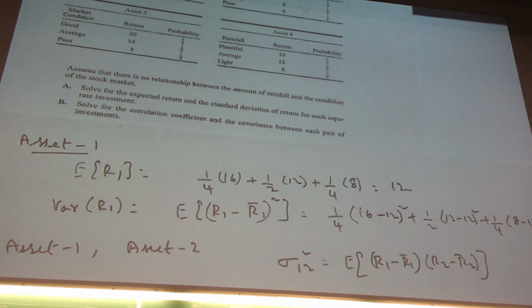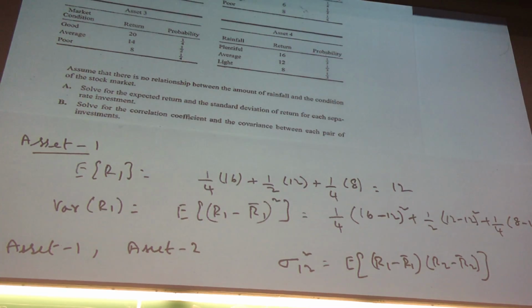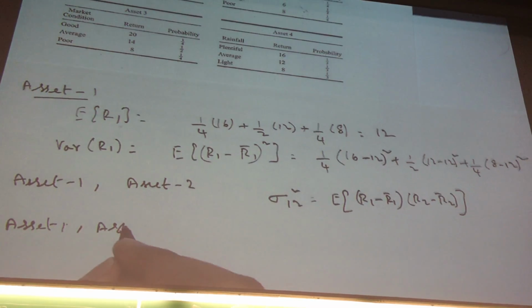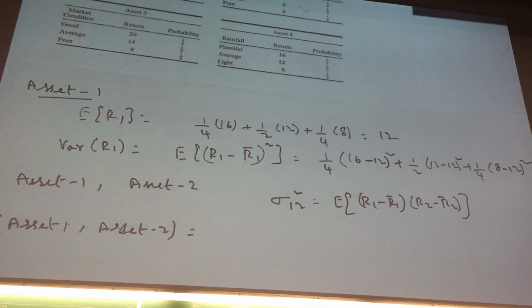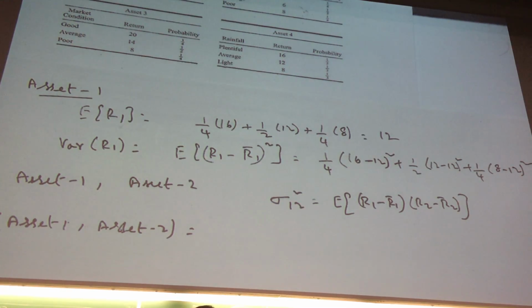So, I can write this as the covariance of asset 1 and asset 2, which is equivalent to, we just remember the probabilities and the associated values.